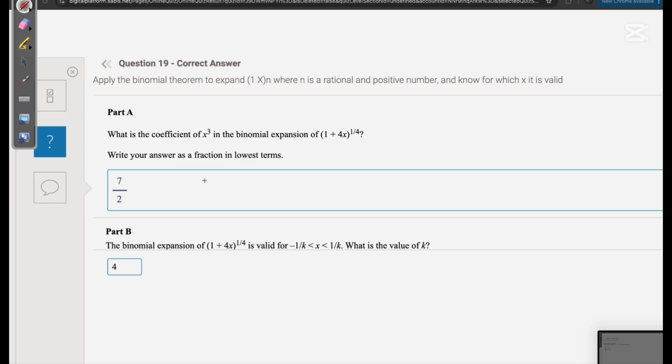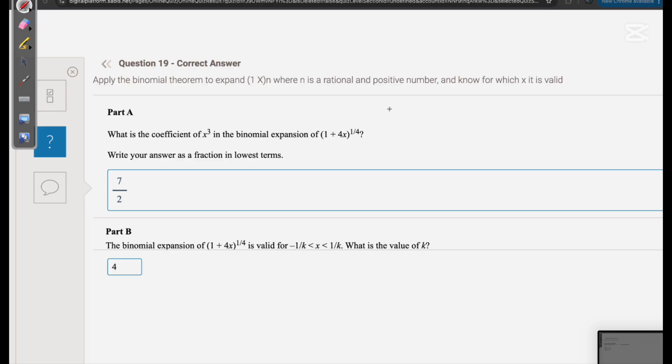Is it? I think it is. Part A is gonna be coming. Like I'm just gonna solve part A, and part B I don't think we learned it.